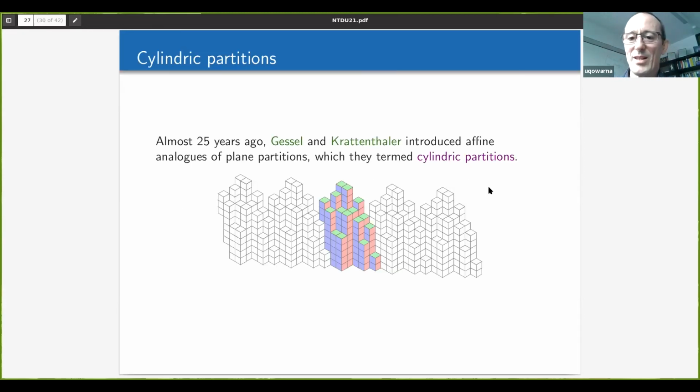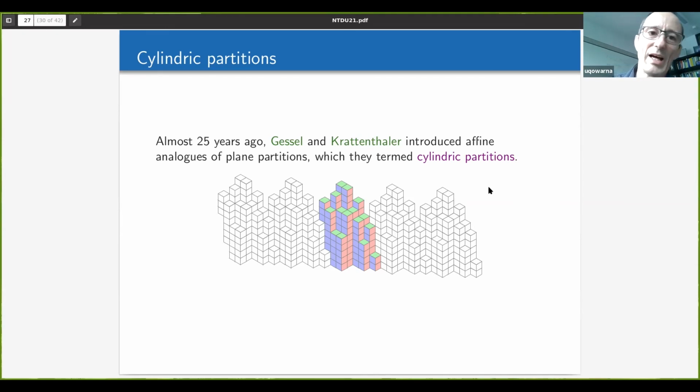So we need something fancier than just plane partitions. They were introduced in the combinatorics literature about 25 years ago, so probably about 100 years after MacMahon introduced plane partitions. And they call these things cylindric partitions. And here's a picture of a cylindric partition.